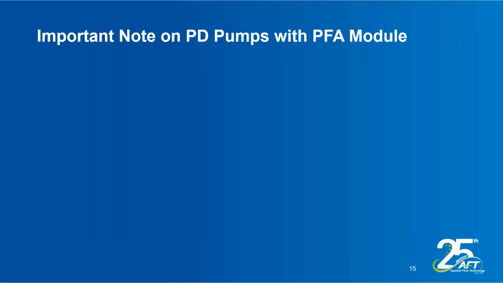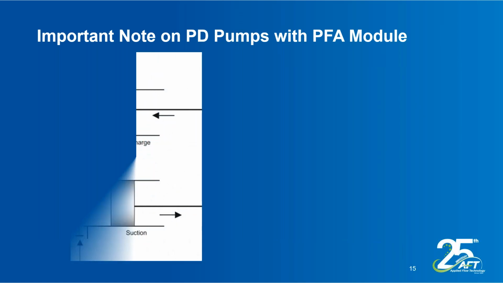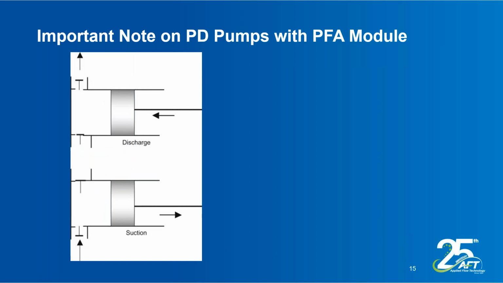Now, this is the important note that I want to make on the PD pumps in AFT Impulse when you are dealing with the PFA module. With PD pumps, you typically will have some sort of check valve on the pump where the check valves will open and close based upon your suction and discharge strokes, which allows flow into the pump, and then when you're discharging, it'll push flow out.